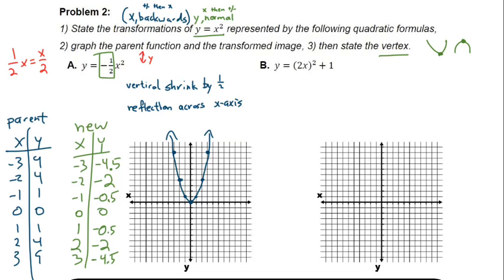So negative 3, negative 4.5. Negative 2, negative 2.